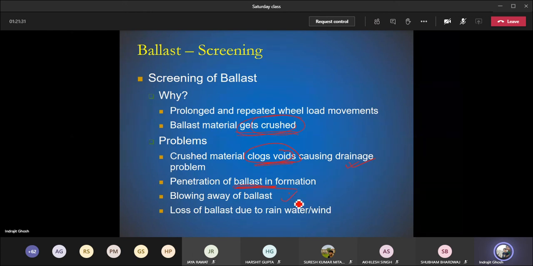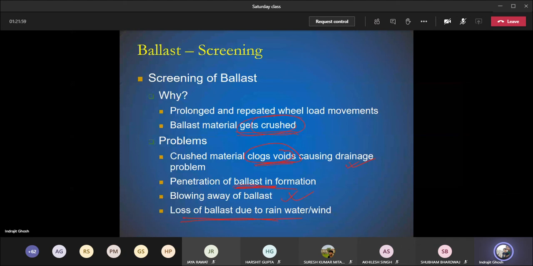Then blowing off of the ballast. The finer material which is not going underneath, which is lying on the top, is just like dry soil. So it will get blown away by the speed of the train. And the last one is loss of ballast. Ballast is getting crushed, water is coming, and some of the finer materials are getting washed away.